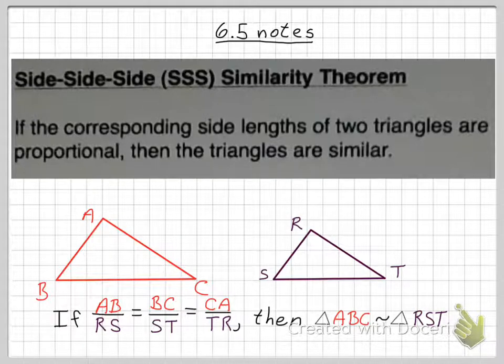In other words, when you divide this by this by this, if you get the same number each time, like 3 over 4 or 4 over 3 or 4 over 9, the same ratio every time, then triangle ABC is said to be similar to triangle RST. So it's another theorem that we have to show similarity.